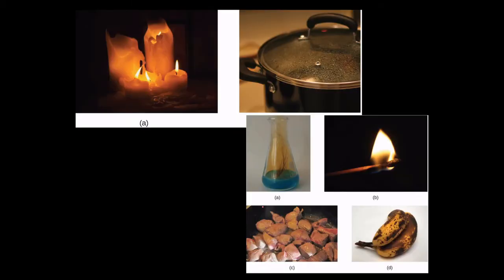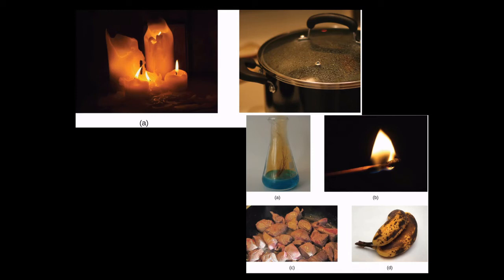Okay, so we have a few different things that are happening here. I'd like to encourage you now to pause the video and take a look at these different things. Just to specify, we have candles that are burning, we have water that is boiling, we have a solution that is starting to form this gray stuff on the side of the container.